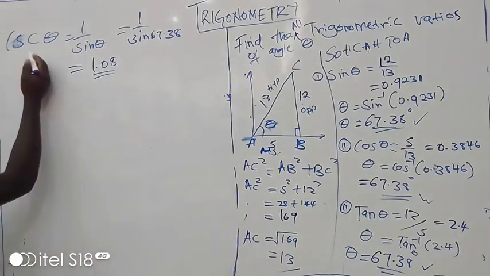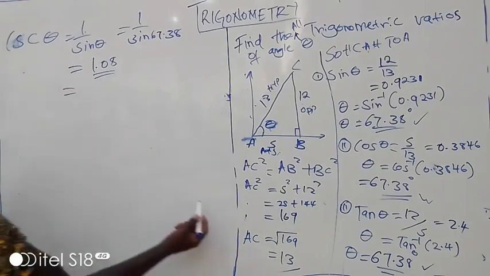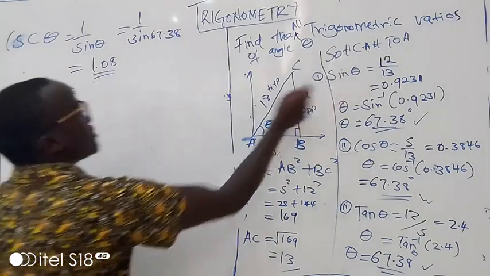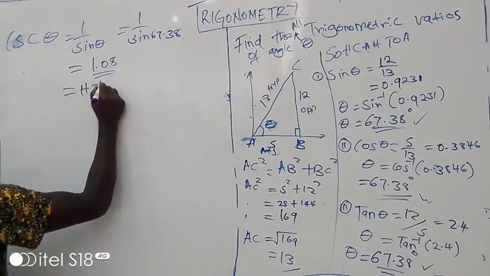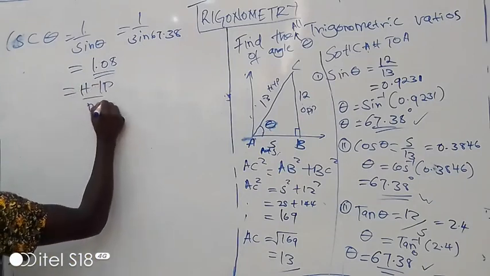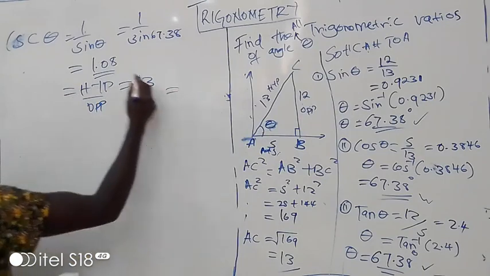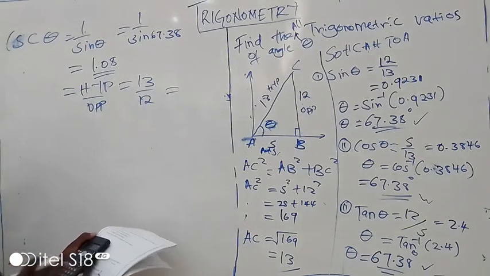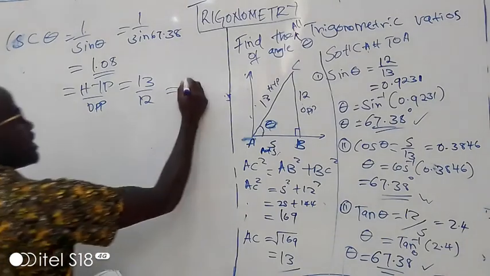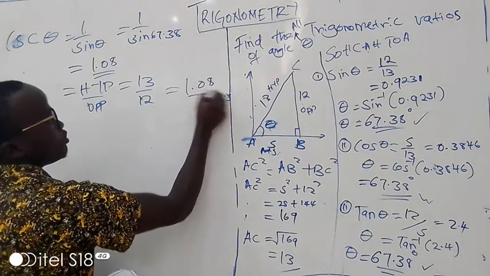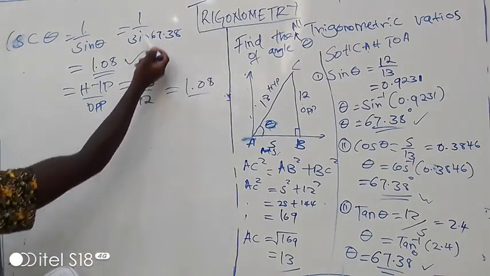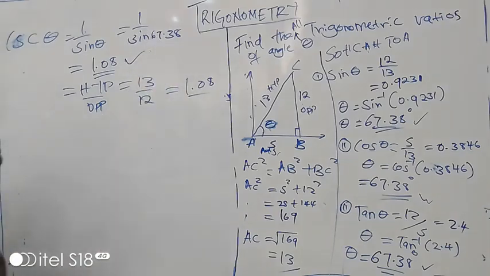Let's see if you want to use the other. It is hypotenuse over opposite, so it is 13 divided by 12. You see, we are getting 1.08, which we got if we had taken 1 over sine directly.